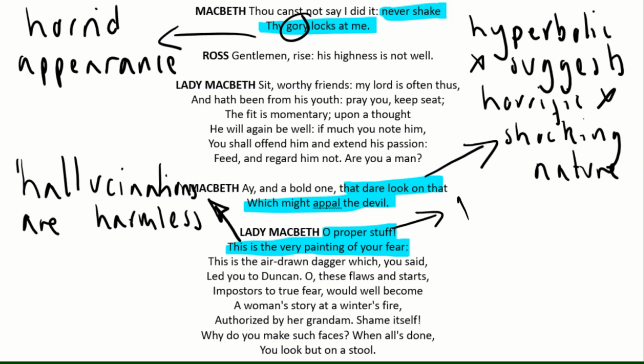And we're also going to add that this foreshadows, shorthand we're going to write FS, her own demise, which will unfold as the text develops.